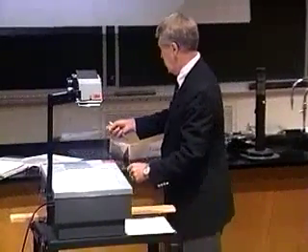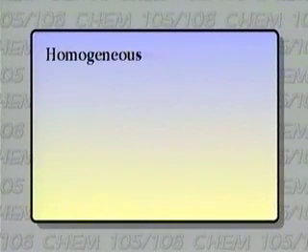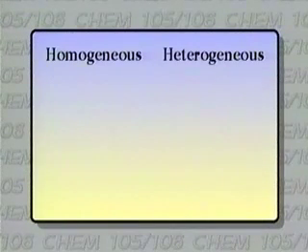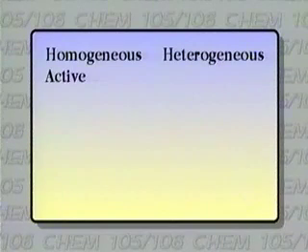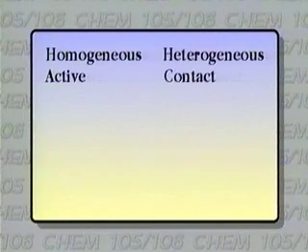And then we started talking about some types of catalysts as we were finishing up the last class period. And we said we could break the catalyst into two types: homogeneous or heterogeneous, or we sometimes refer to the homogeneous as active catalysts and the heterogeneous as contact catalyst.